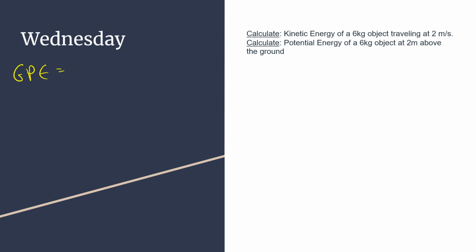So I'm going to write the formula, and then rewrite the formula, but this time instead of the variables, I'm going to put in the numbers. So for this one, I know that my mass is 6 kilograms. Gravity is always going to be 10 meters per second squared. And then my height, it says, is 2 meters.